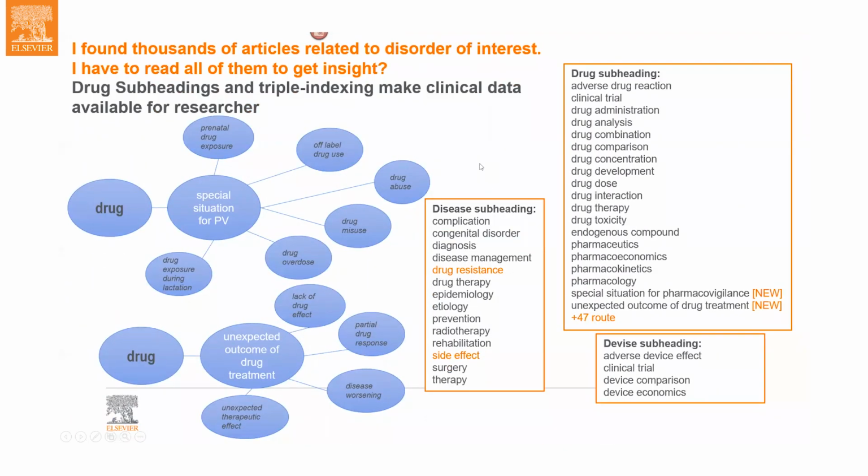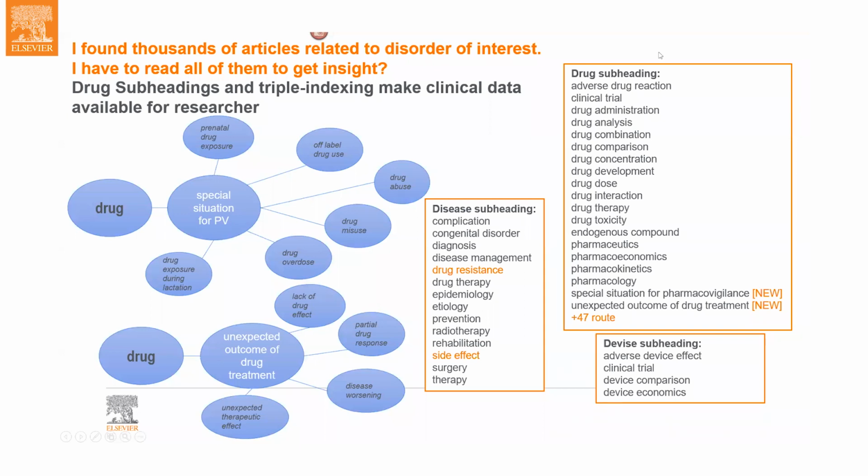This slide explains the concept of triple indexing, but we mainly covered it. So drugs and diseases have subheadings. For example, for the disease we have the following subheadings: complication, congenital disorder, diagnosis, disease management, disease resistance, drug therapy, etiology, rehabilitation, side effect.